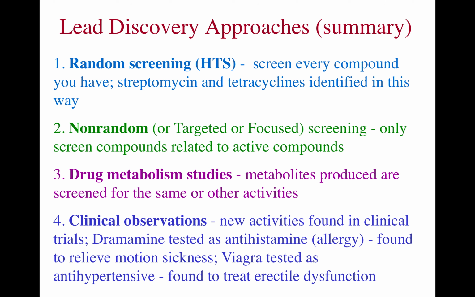You can also use clinical observations, where we've seen examples of antihistamines that can also be used to relieve motion sickness. Another example is Viagra, which was previously used as an antihypertensive, but was later found to treat erectile dysfunction, and it was developed into a very effective drug that's been used by males worldwide.